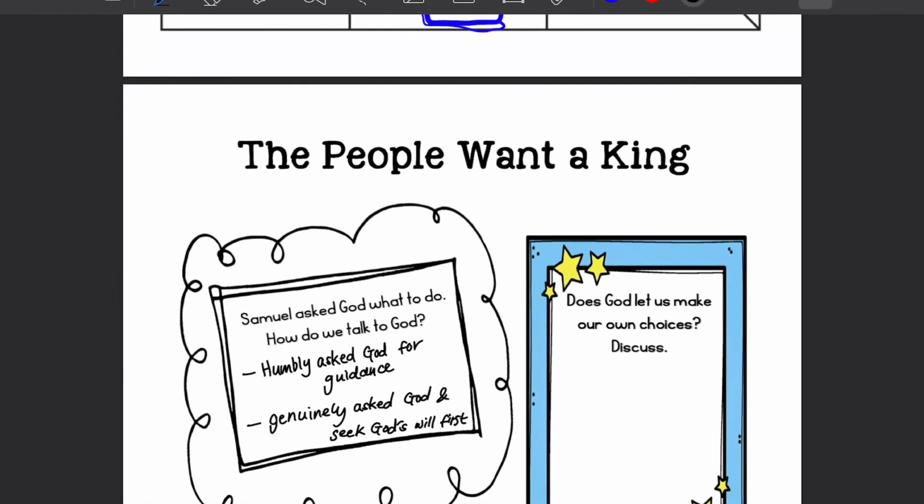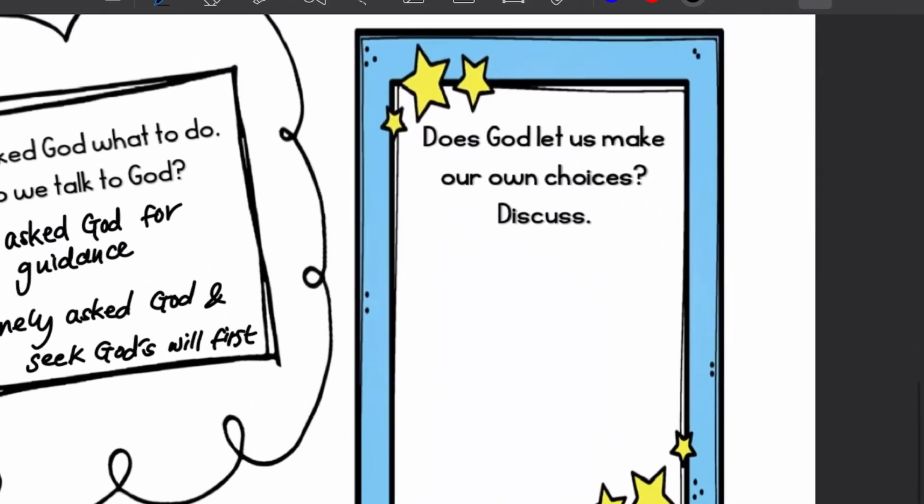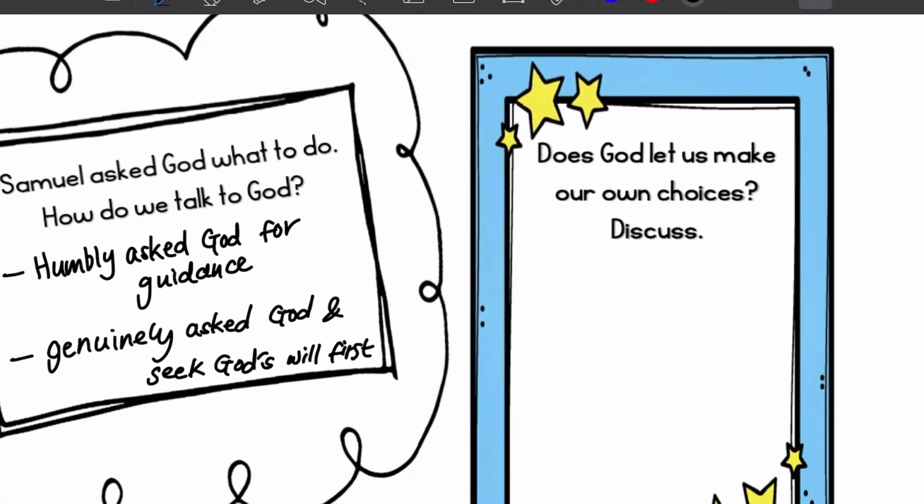And the next question says, does God let us make our own choices? Discuss. What do you guys think about this? Some of you might say, no, I don't think God allows us to make our own choices. And some of you might say, I think God lets us make our own choices. I think both of you are right. Sometimes God lets us make our own choices, and sometimes he doesn't. But in this story about Israel, I think God did.